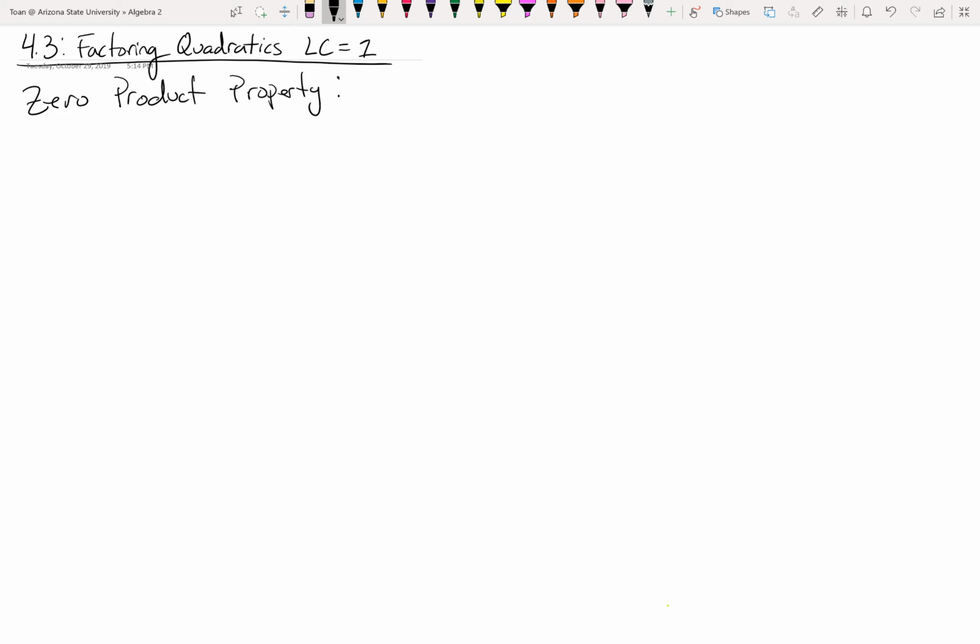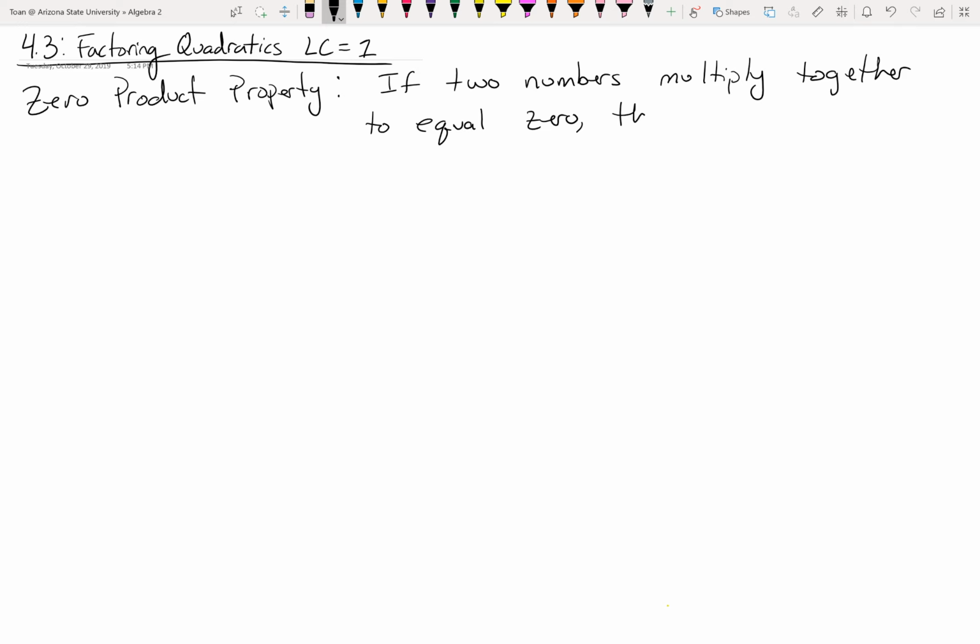The zero product property states, if two numbers multiply together to equal 0, then at least one of those numbers must equal 0.